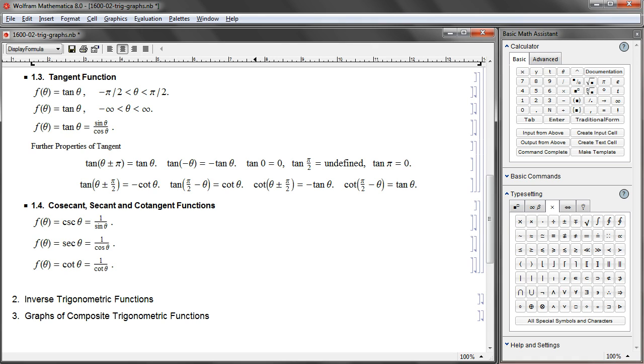Not too difficult. What if we add or subtract pi over 2? This time tangent and cotangent intertwine. The reason is because tangent is sine over cosine, isn't it? And if you add pi over 2 to the sine function, it becomes cosine. And if you add or subtract pi over 2 to the cosine function, we have a sine.